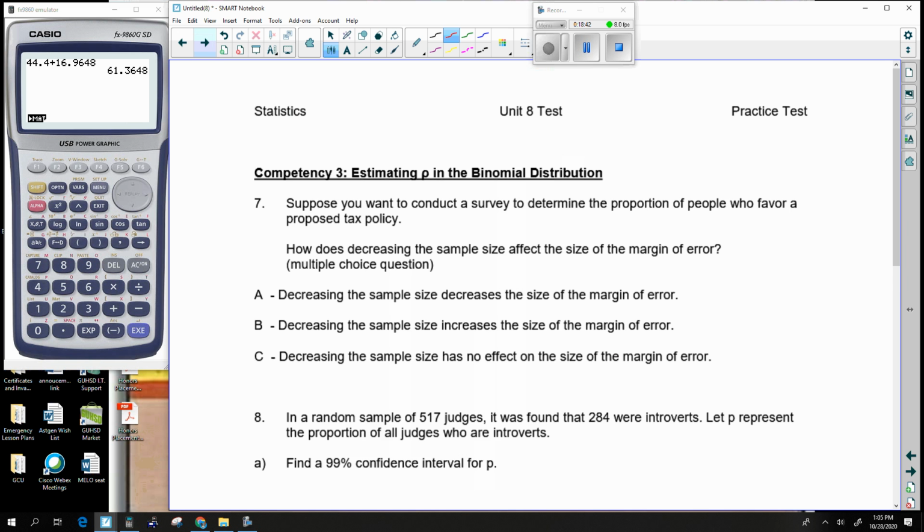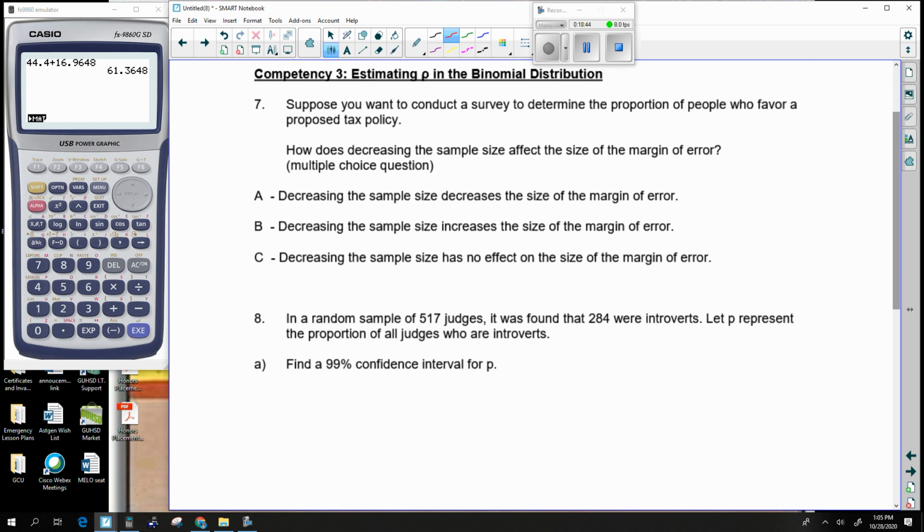Okay, suppose you want to conduct a survey and the proportion. So we're talking about probabilities here. So let's go with the margin of error. How does decreasing the sample size affect the margin of error? All right, so the margin of error.